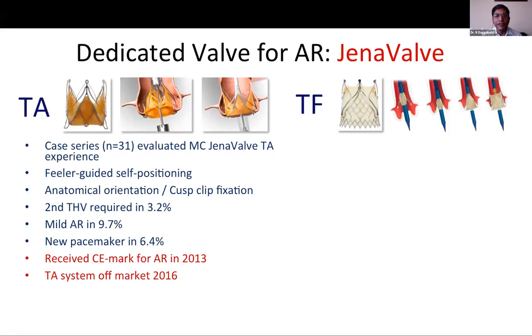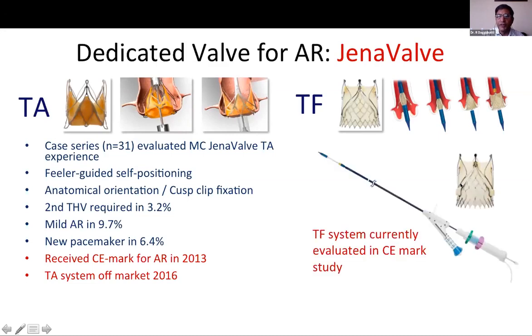They had done a case series of 31 patients, with feeler-guided self-positioning. Anatomical orientation is very important, and mild AR is seen in about 10% of the patients, and new pacemaker rates are less than 10%. But because it's a transapical system, nobody likes it, and I think it was taken off the market in 2016. Now the transfemoral system is coming in, and it is CE marked for a study.